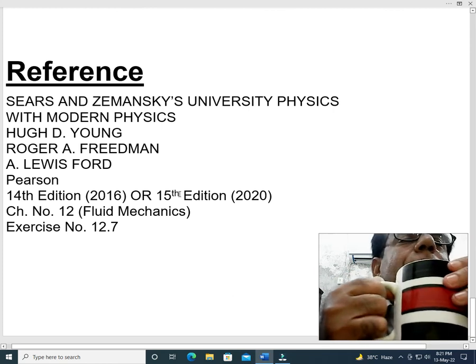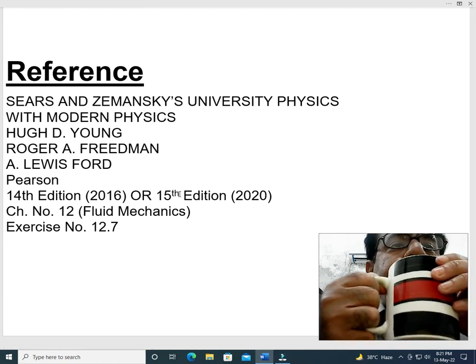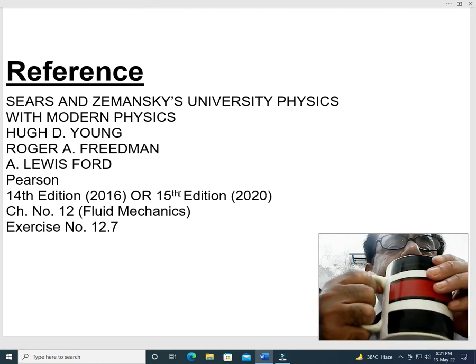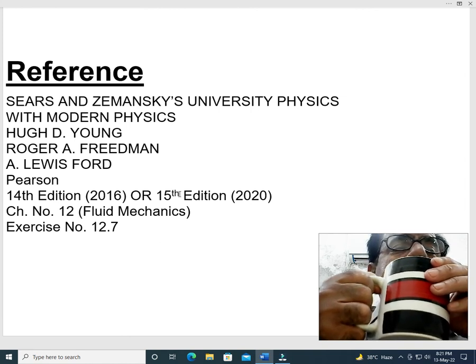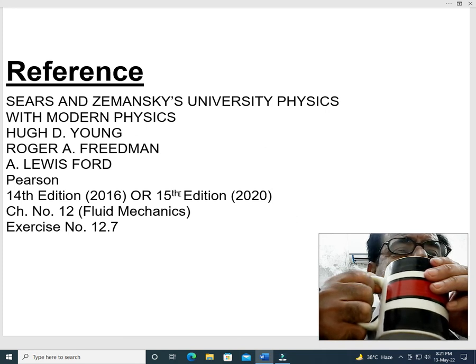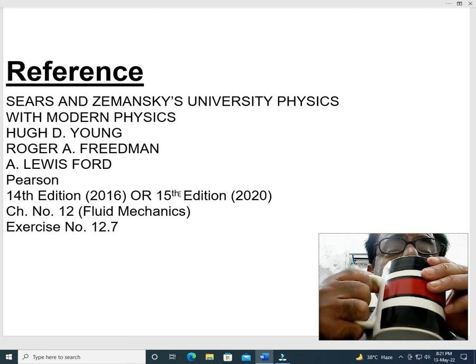Dear students, the reference book is Sears and Zemansky's University Physics with Modern Physics. Its authors are Hugh D. Young, Roger A. Freedman, and A. Lewis Ford. Its publisher is Pearson. Its 14th edition published in 2016, or 15th edition published in 2020, has been adopted or followed.